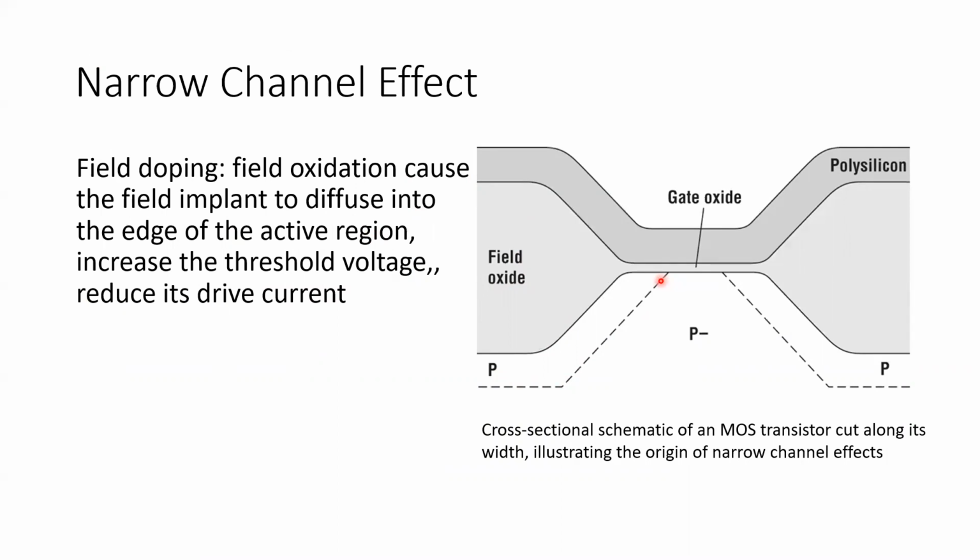This narrow channel effect is associated with the thermal oxidation of the field oxide, because the high temperature leads the P+ underneath the field oxide to diffuse into the active device region. So it shrinks the device and consumes some area. That is the narrow channel effect.